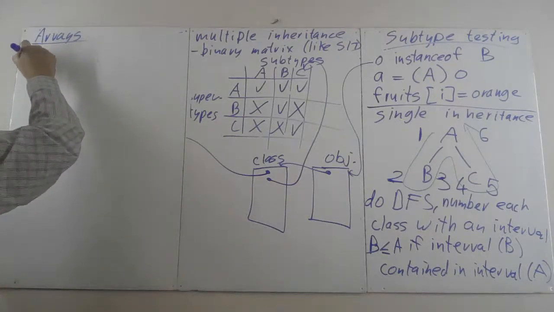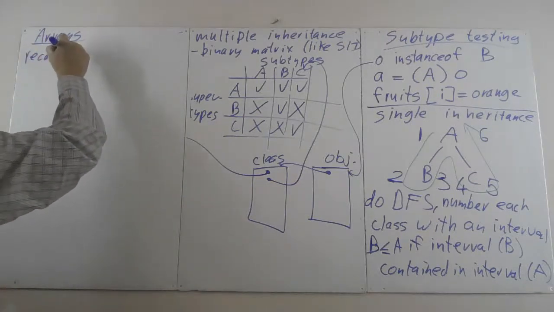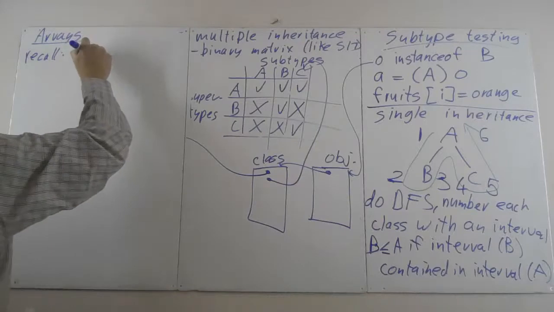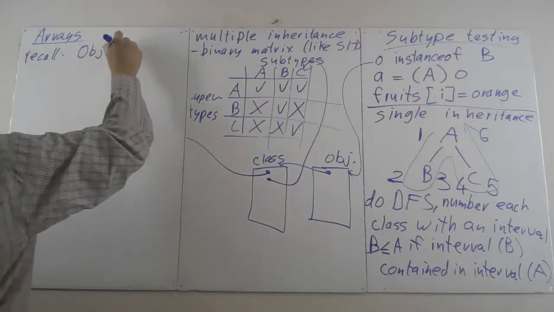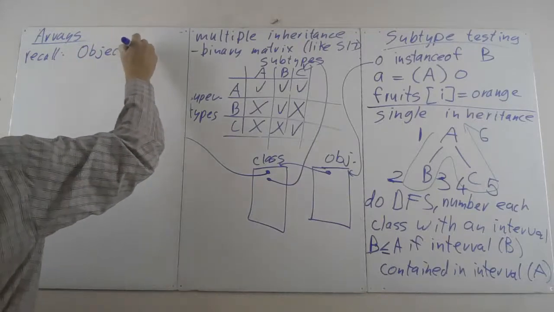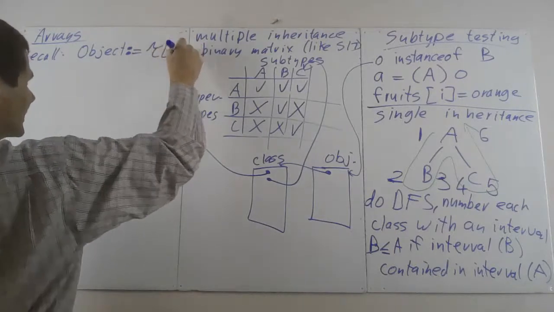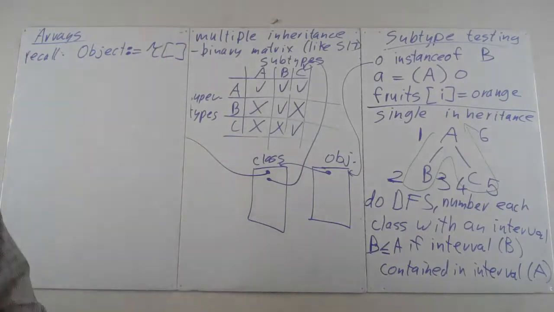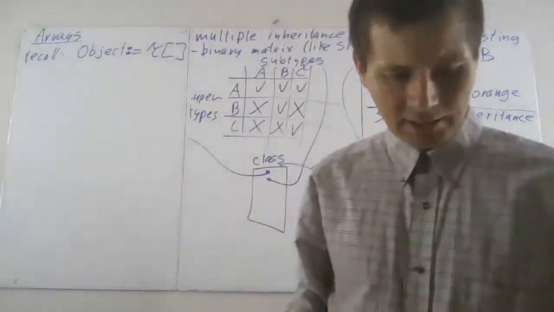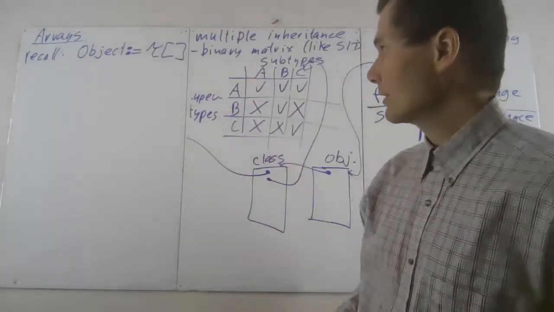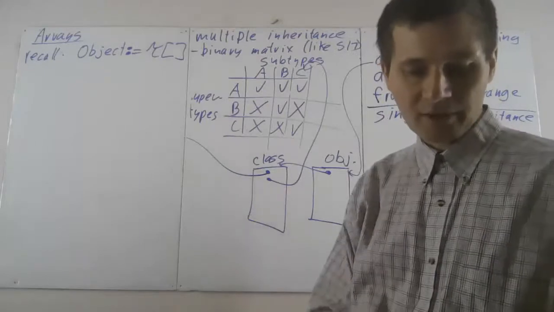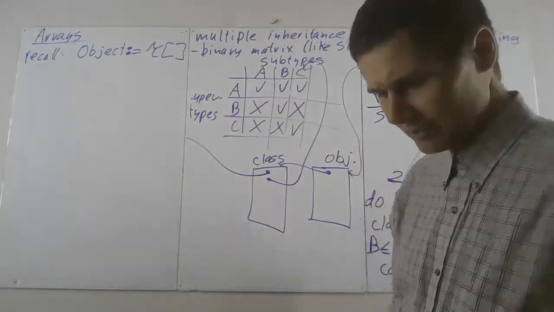So the thing to remember about arrays is that arrays are assignable to object. So in our type system, we had this rule that if I have an array of any type tau, I can assign it to a variable of static type object.